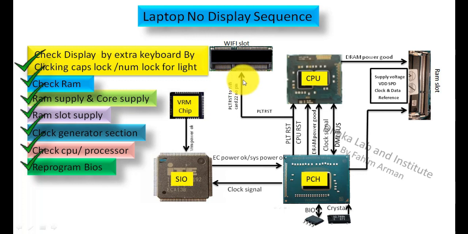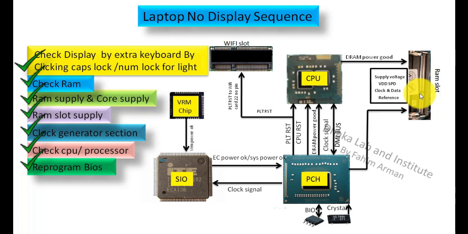If you get 3.3 volts on that pin of the Wi-Fi slot, then you can say that PLT reset is okay. And from the CPU there will be DRM power good to the RAM slot. There are other requirements in the RAM slot, and these are also very important.